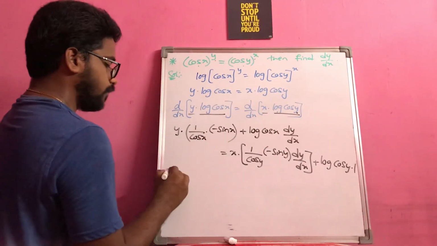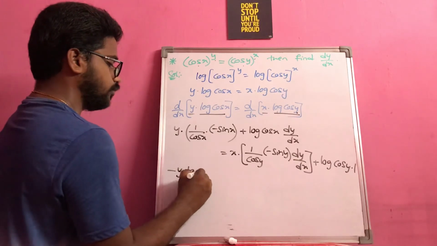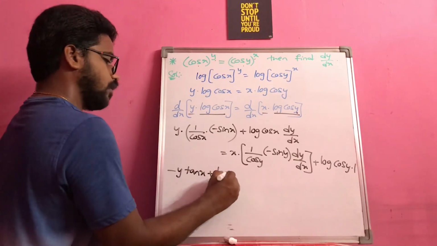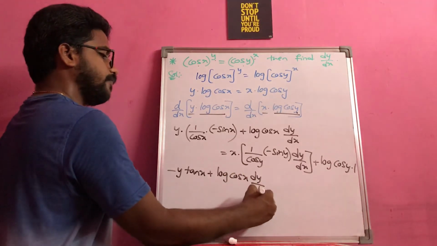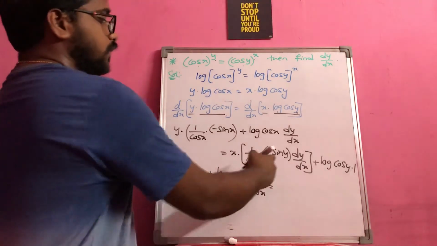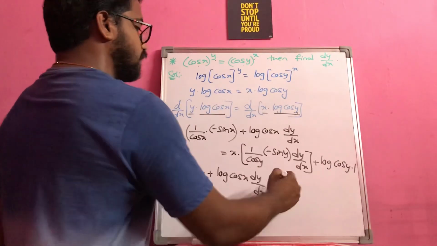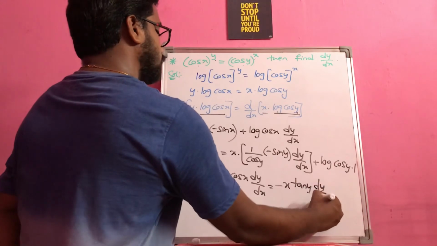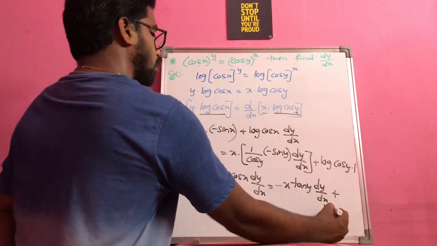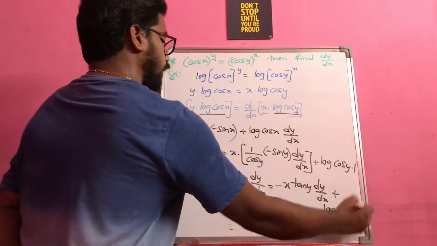This term will become minus y tan x plus log cos x dy by dx is equal to, simplifying this one, minus x tan y dy by dx and then plus log cos y.